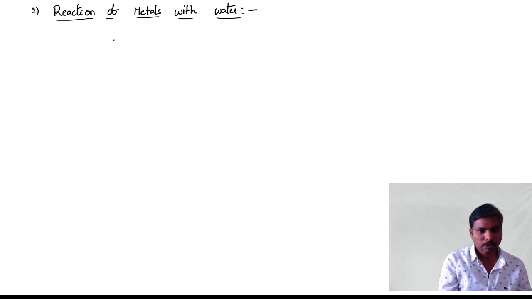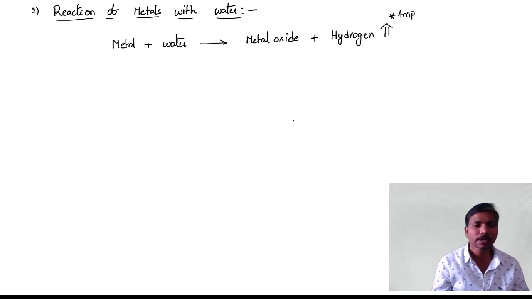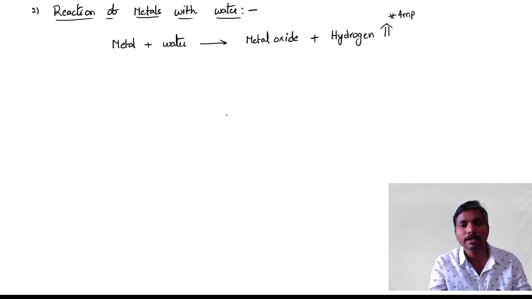Okay, so if the metals react with water, then again metal oxides are formed, and here the very important thing is hydrogen gas is released. That is important here. Hydrogen gas is released. It is important for exams. They will give the question like, whenever water reacts with metal or metal reacts with water, which gas is produced? That is hydrogen gas.